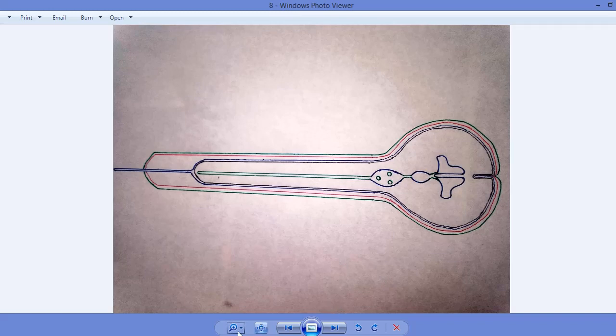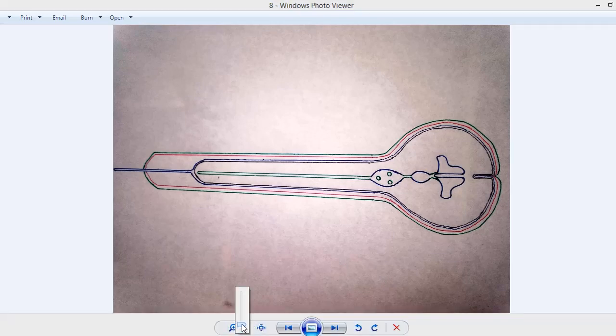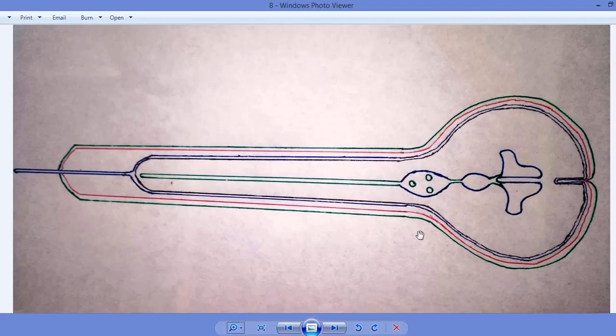In this slide, we can see that the formation of the cerebrospinal fluid occurs in this ventricle, in this ventricle, in this ventricle, and also in the fourth ventricle. When the formation occurs in these ventricles, the cerebrospinal fluid will flow from these ventricles to the third ventricle, from the third ventricle to the fourth ventricle.